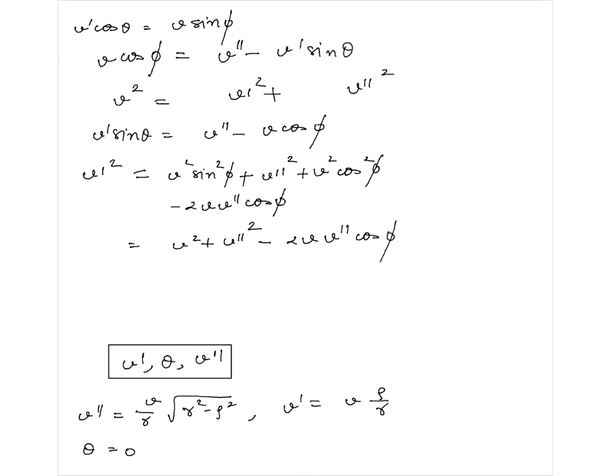Theta is gone. Now let's get rid of the next variable, v dash. V dash square is given by v square minus v double dash square. Now cancel v square.